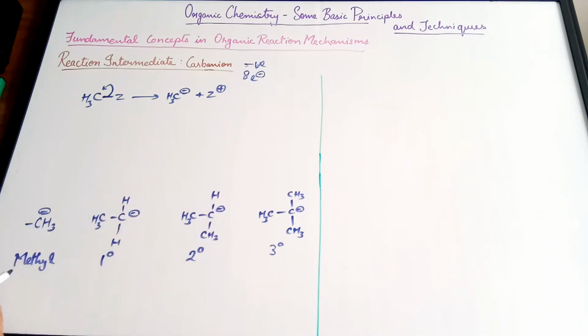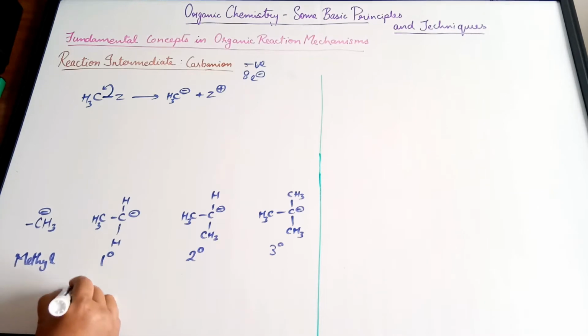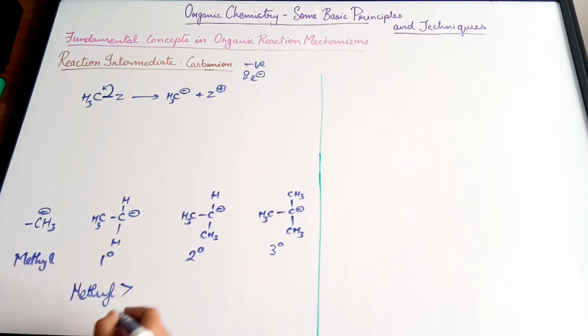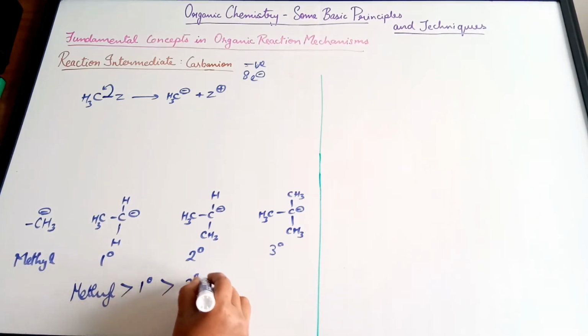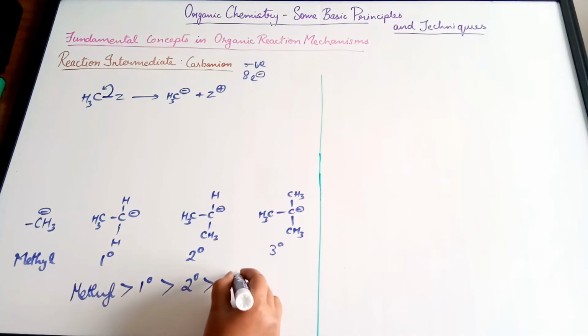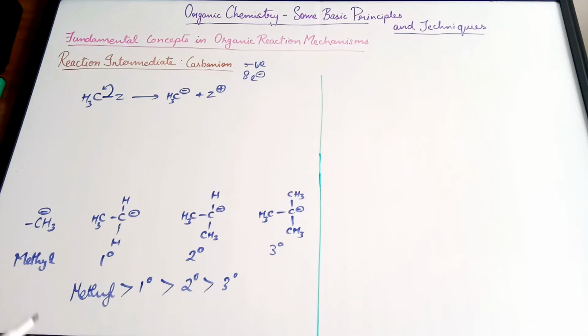So in this case, the methyl carbanion is more stable than primary, than secondary, than tertiary. So when we're talking about stability, it's just the opposite of carbocation. In the case of carbocation, methyl was the least stable, but in the case of the carbanion, methyl is the most stable compared to primary, secondary and tertiary.